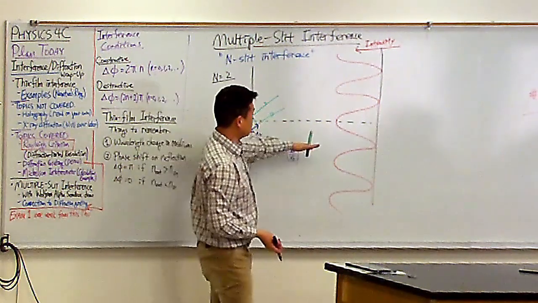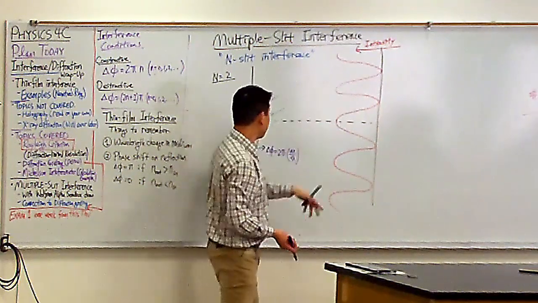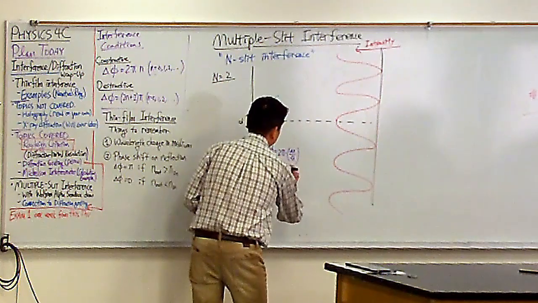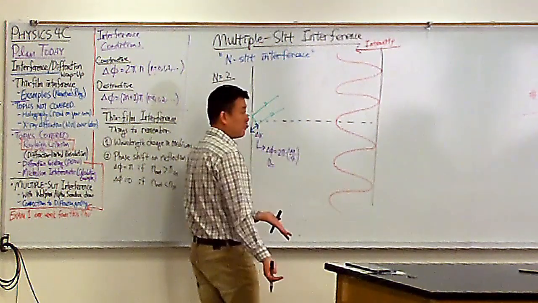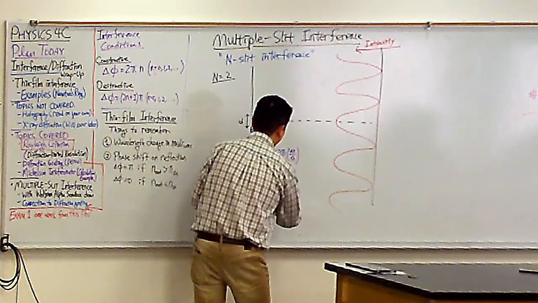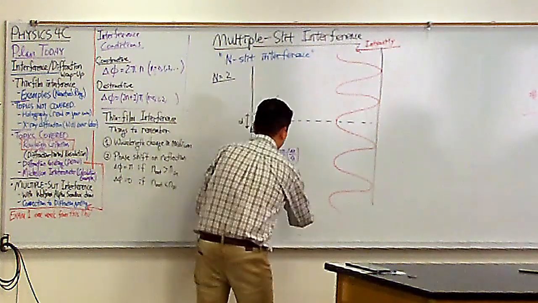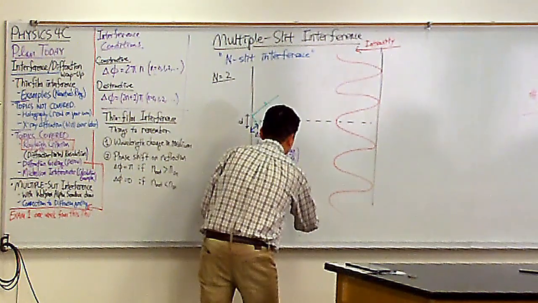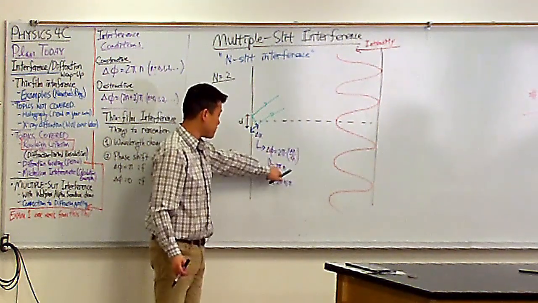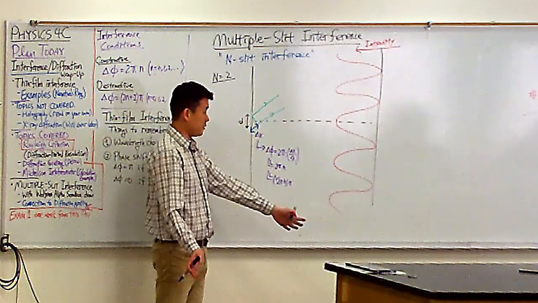And whether we got destructive or constructive interference depended on whether this phase difference is an even multiple of pi, 2 pi n, or an odd multiple of pi, (2n plus 1) pi. That's what it depended on. Full cycle difference, half a cycle difference. Right? All of that sounds familiar?